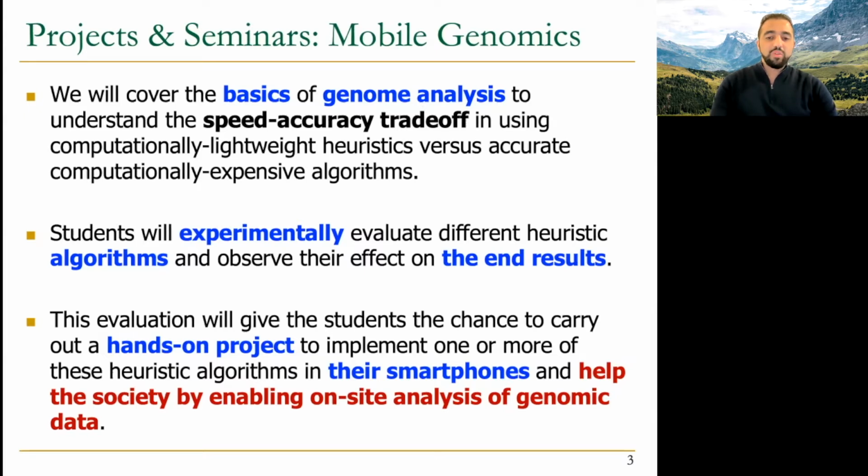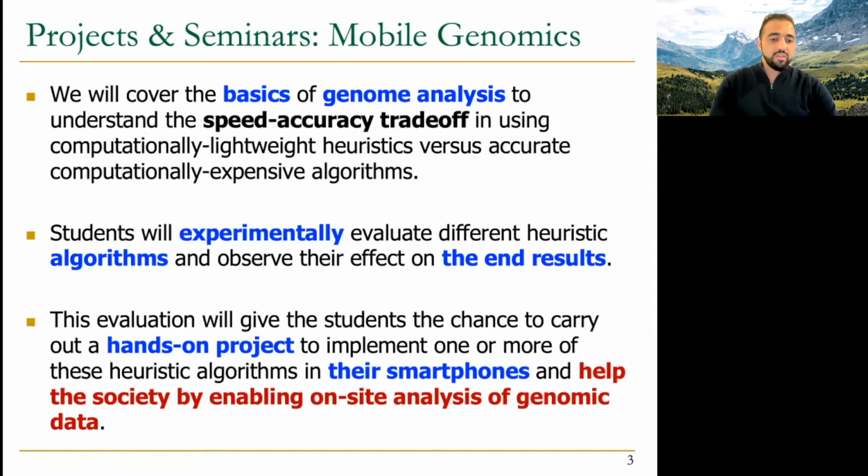And that will help you to understand the speed-accuracy trade-off in using computationally lightweight heuristics versus accurate, computationally expensive algorithms. And that's our goal, to have something feasible for mobile genomics or mobile devices where you can do the computation efficiently. So students will experimentally evaluate different heuristics and observe their effect on the end results.